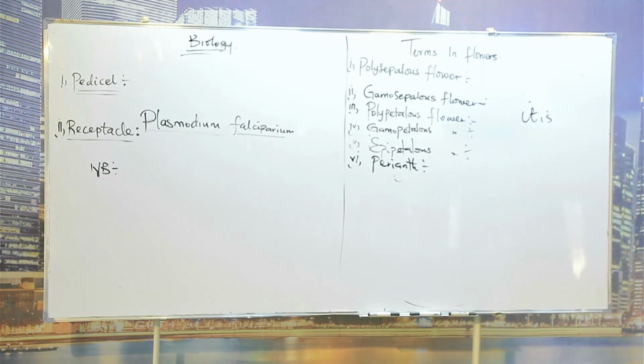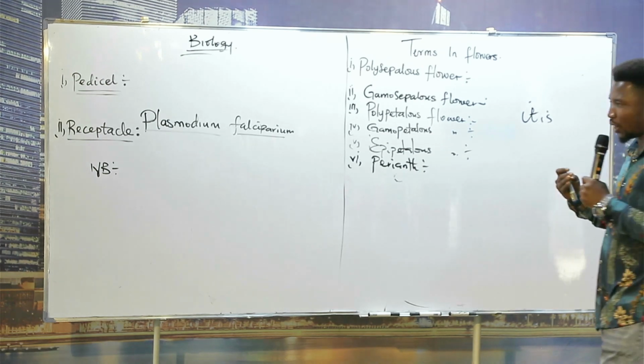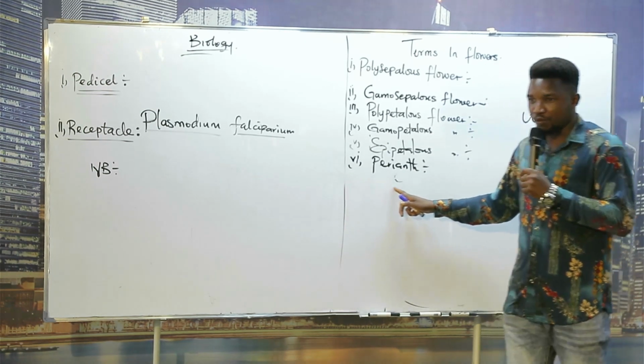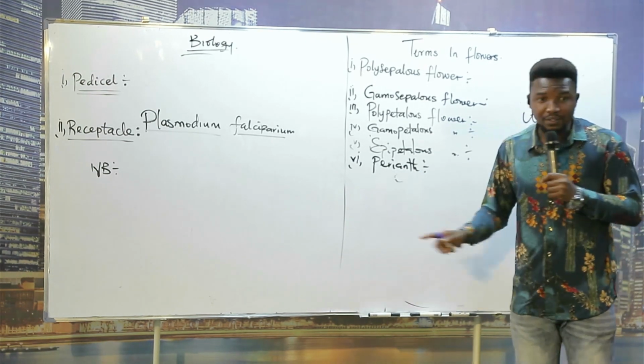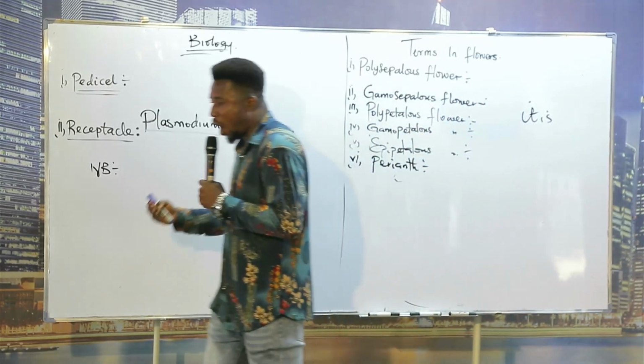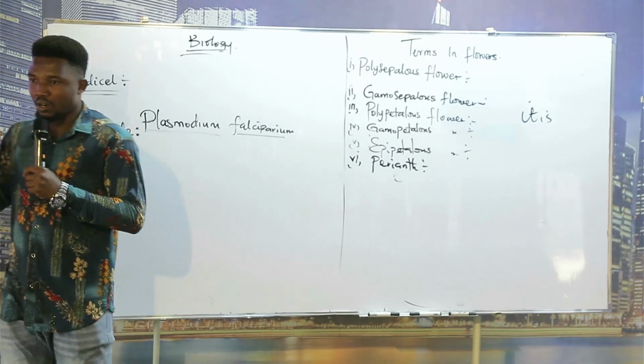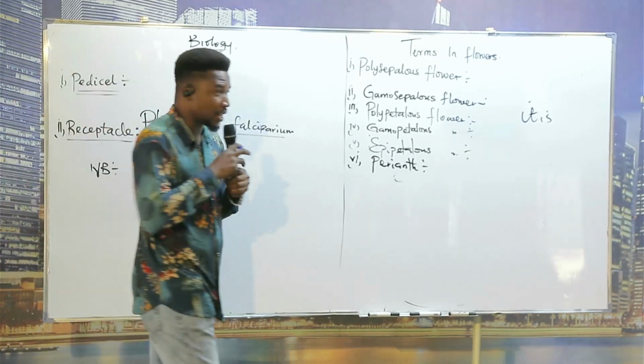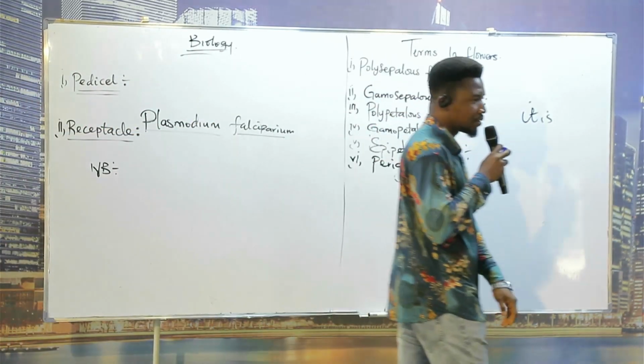When we have a flower where the petals and the sepals have the same color, the flower is known as perianth. Sometimes they are fused together or they have the same color. That is what we call the perianth.